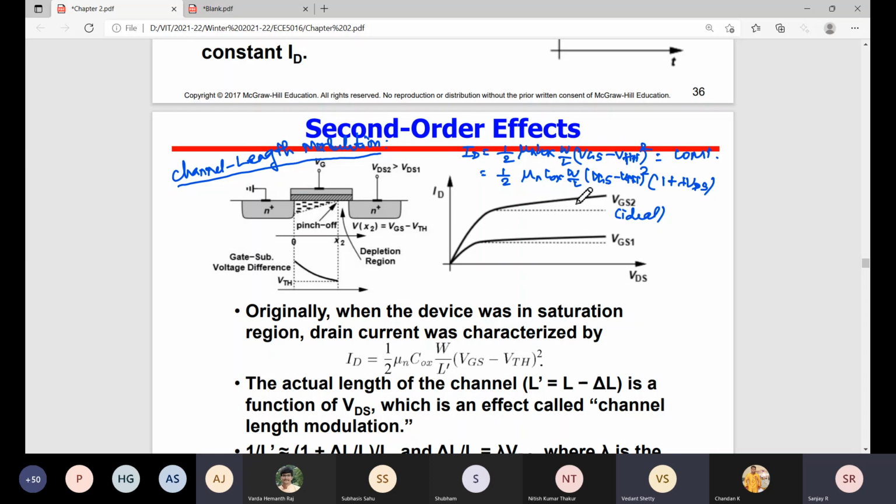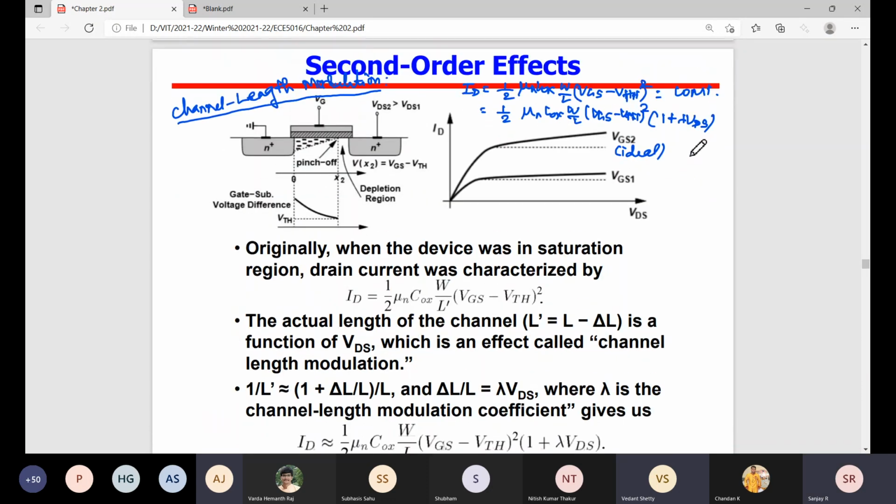Because due to the channel length modulation effect, current is not constant. So what is a MOSFET? We can say it is a voltage controlled current source, because when you apply an input voltage, it converts to a constant current. But due to channel length modulation, it affects the constant current behavior. That's what the term 1 plus lambda VDS is.